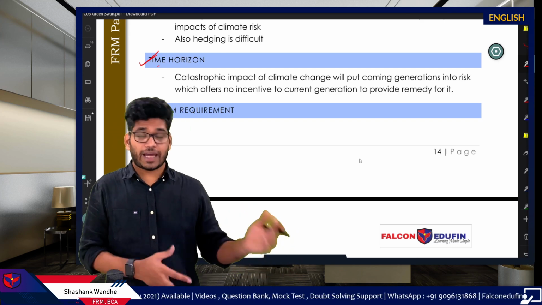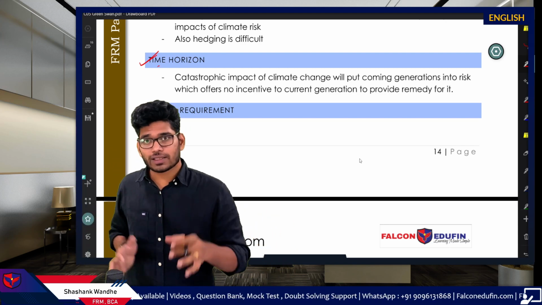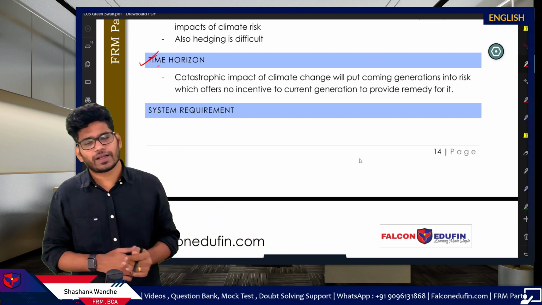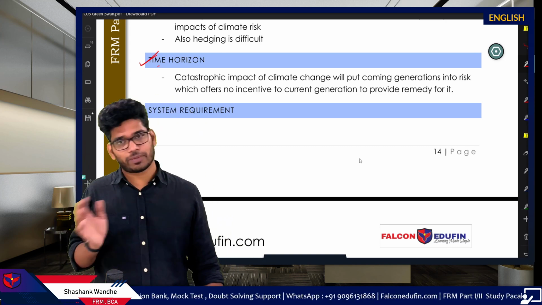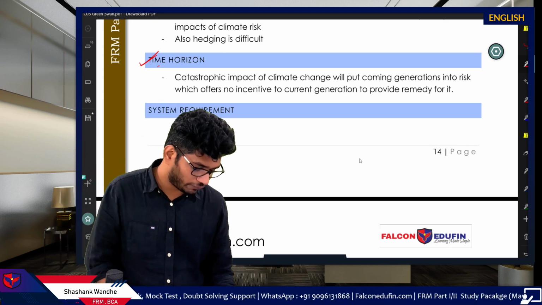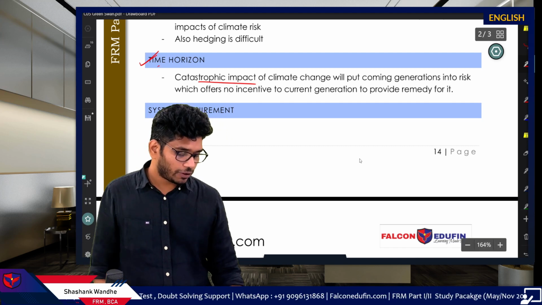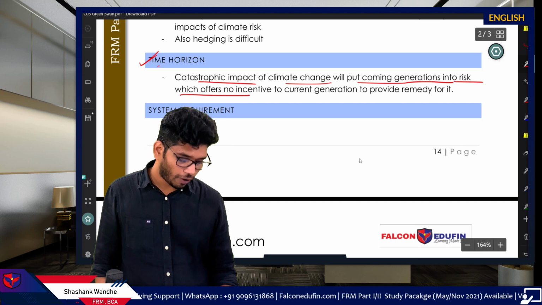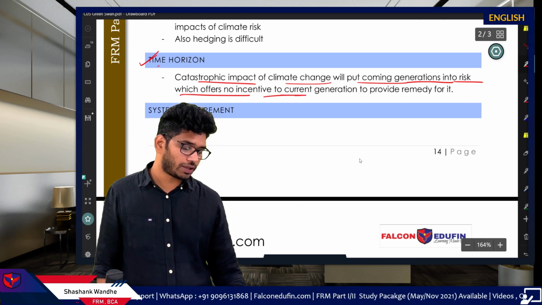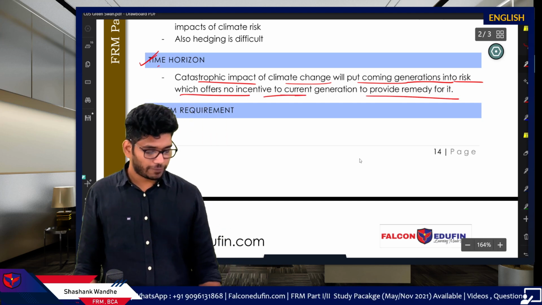In order to save the future generation, they have to incur losses now. And obviously, humans are very selfish and we are not going to do that, right? I'm not being cynical, but we all know the truth. A catastrophic climate change event will put the coming generations at risk, which offers no incentive to the current generation to provide a remedy for it.